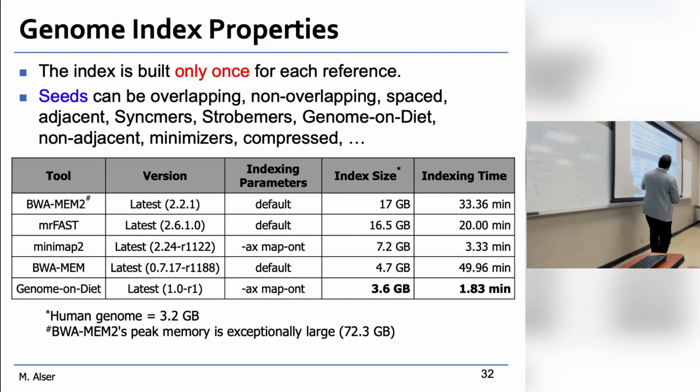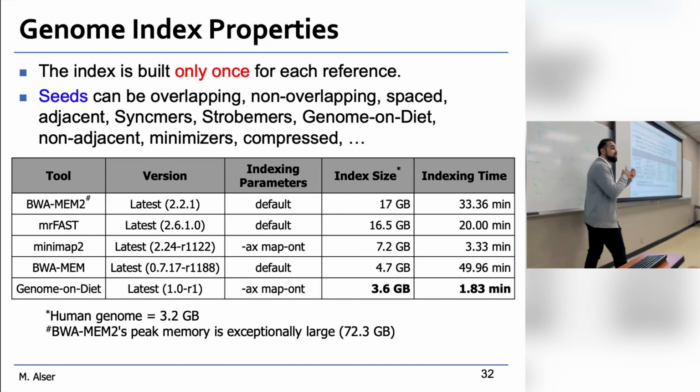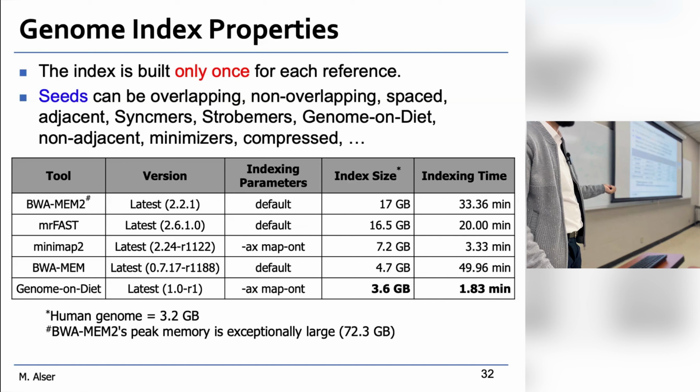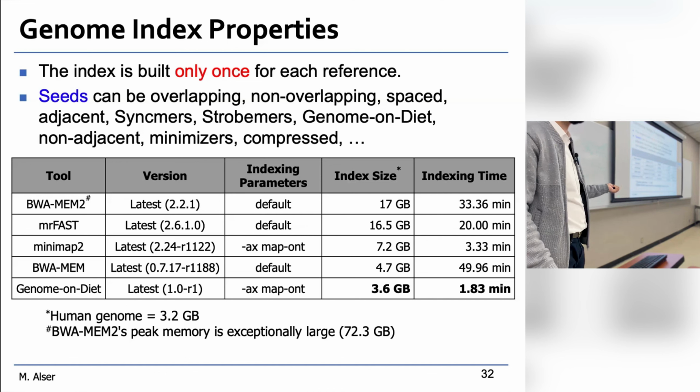So if you check the index size, you see real differences between the different methods. Again, all of those are for the human genome, which is 3.2 gigabytes. So I have 17 gigabytes coming from 3 gigabytes. I have a reference genome of 3 gigabytes, but the index I build on top of that is 17.